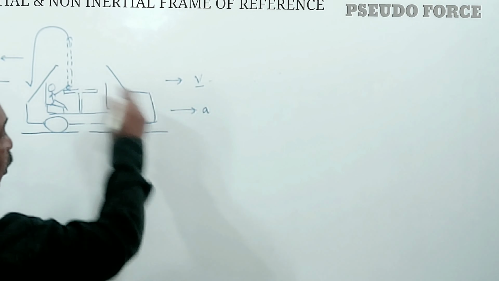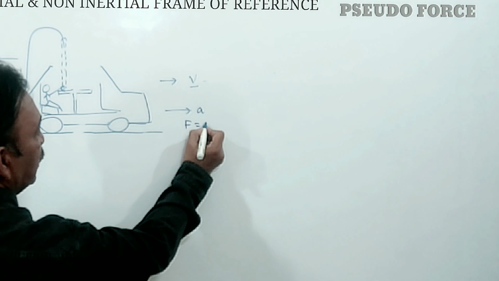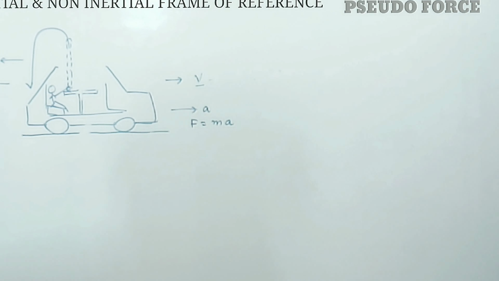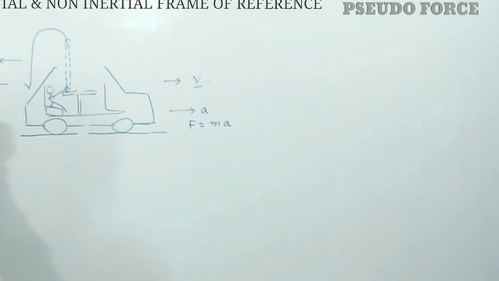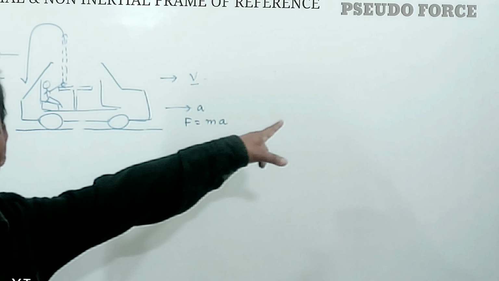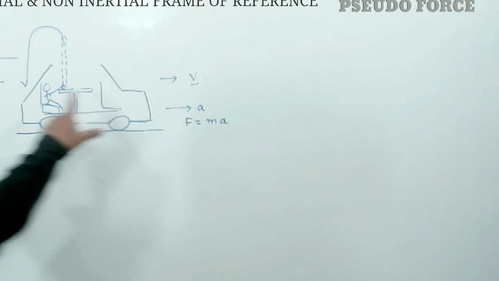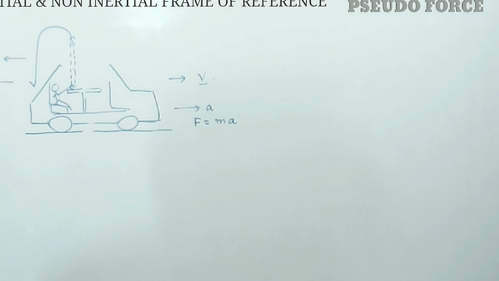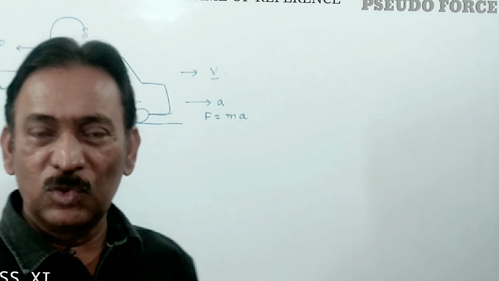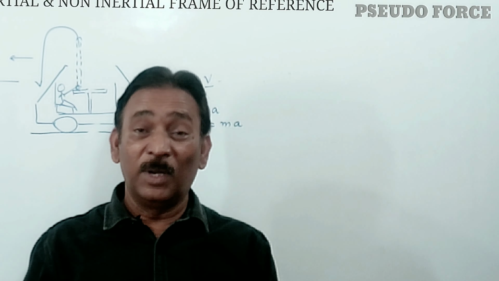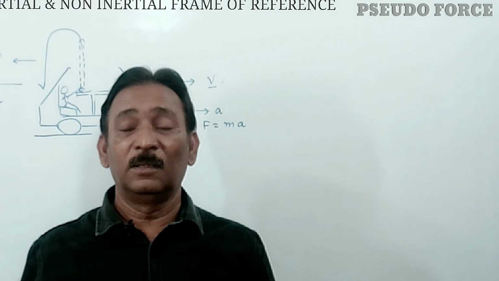Let this body experience a force of ma in forward direction, then the pseudo force will act in opposite direction, which is equal to ma. Think, if the acceleration is in forward direction, the pseudo force will act in opposite direction. It is the concept of the pseudo force, students. Actually, this force doesn't exist, but it appears to be.